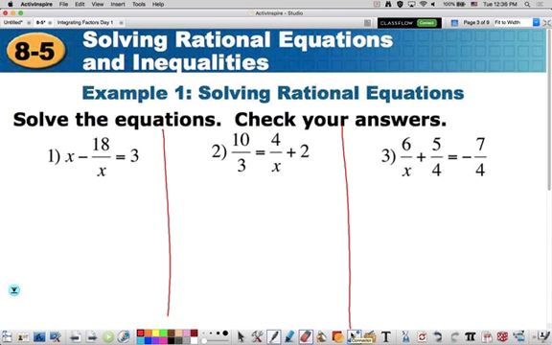Okay, these first 3 problems. Give me a thumb level. How familiar do they look? Somewhat familiar, totally familiar, not familiar at all. I want to see everybody's thumbs. Okay, good. We'll copy them down and then we'll work through them.